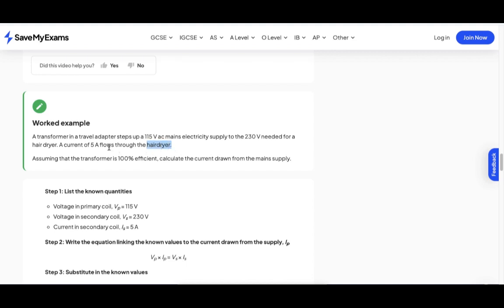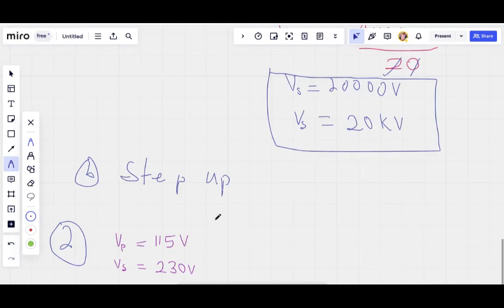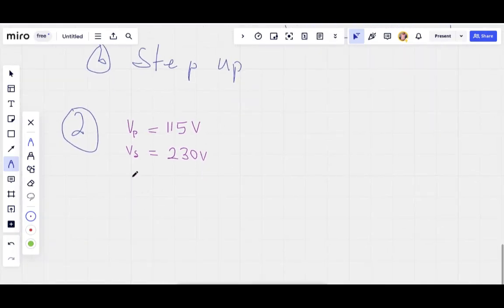Since a current of 5 ampere is flowing through the load, this is IS, the current in the secondary. So I write IS equals 5 ampere, the current in my secondary side, 5A. They probably want us to calculate the current in the primary.